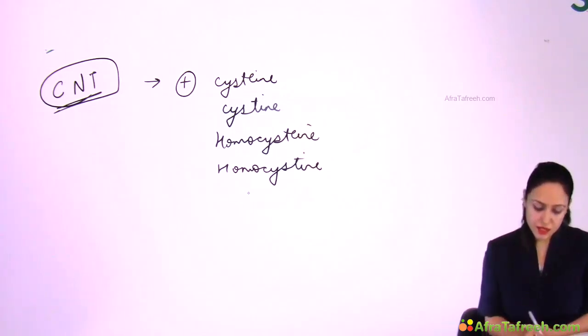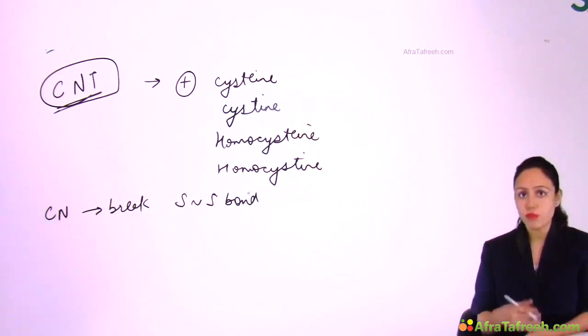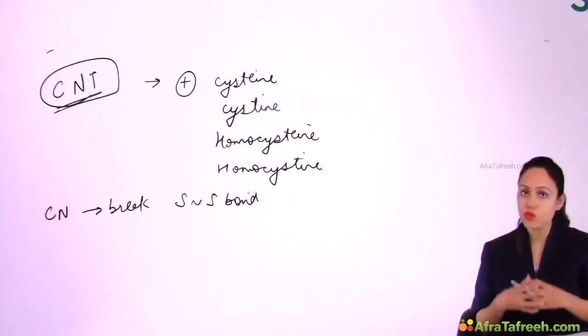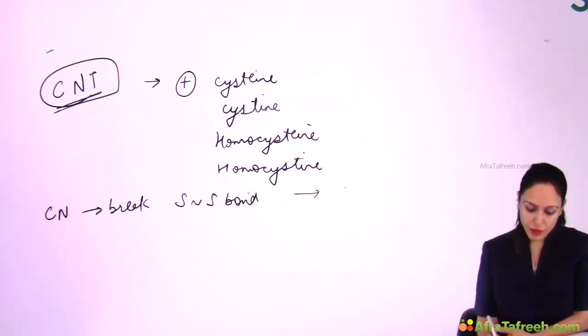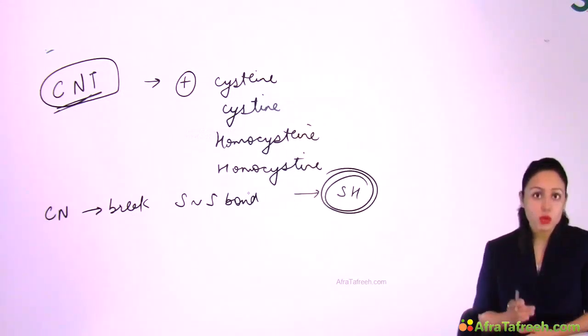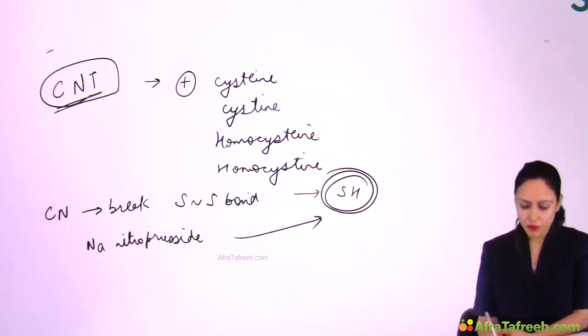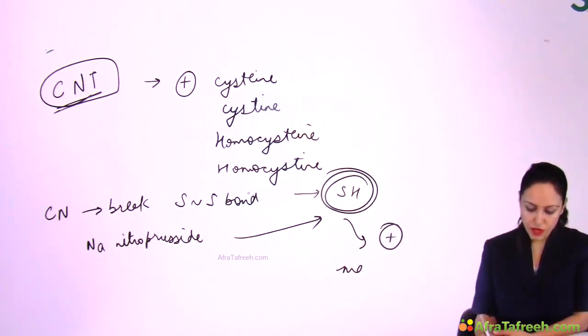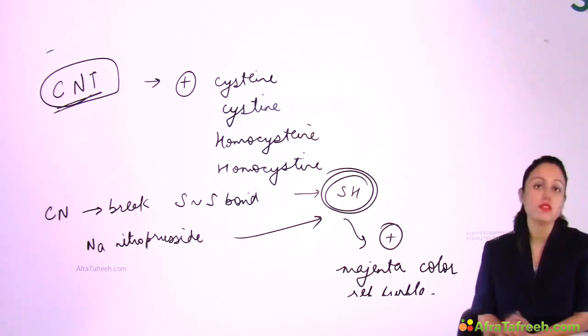In this test, cyanide will break the disulfide bond. If cysteine and homocysteine are present, the disulfide bond is broken by cyanide, and the sulfhydryl group is liberated. Now sodium nitroprusside will react with this liberated sulfhydryl group, giving a positive test, and the positive test here is a magenta or red-purple color, right?